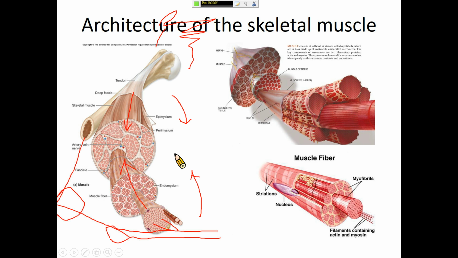So when I push it, this angle gets larger. So what's happening? You are also giving force, but the muscle length actually increases, right?